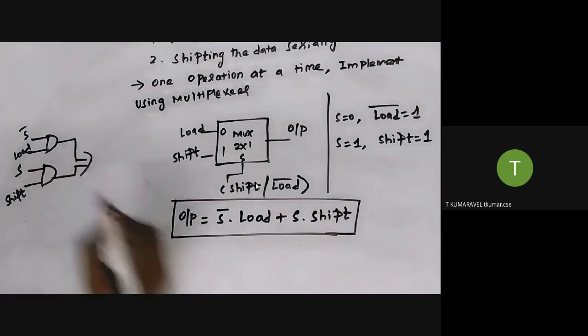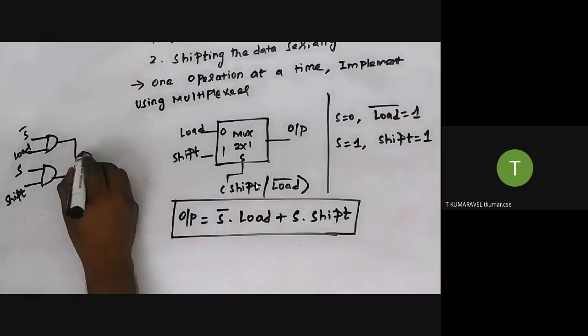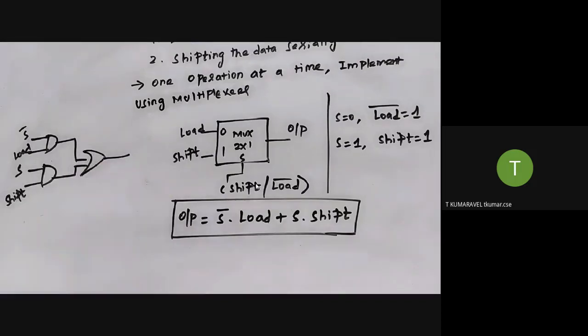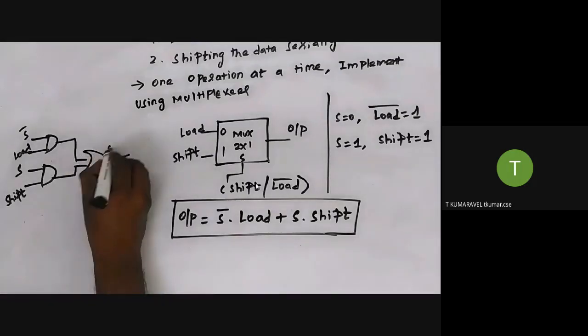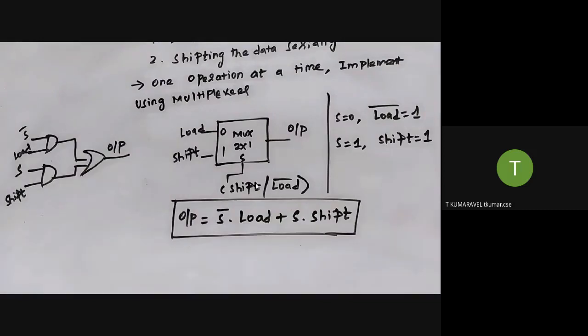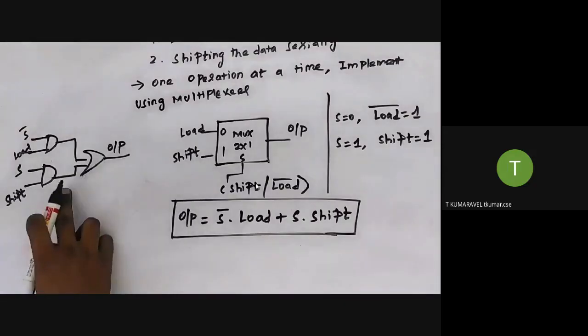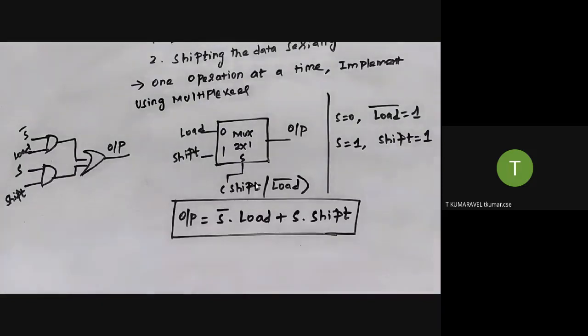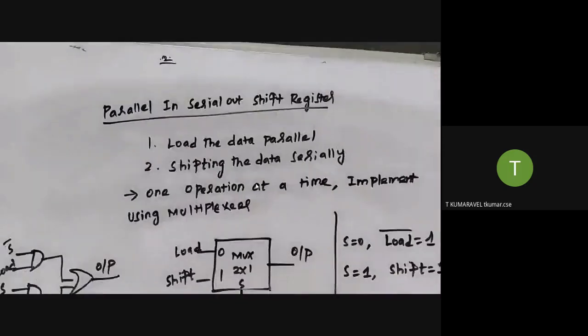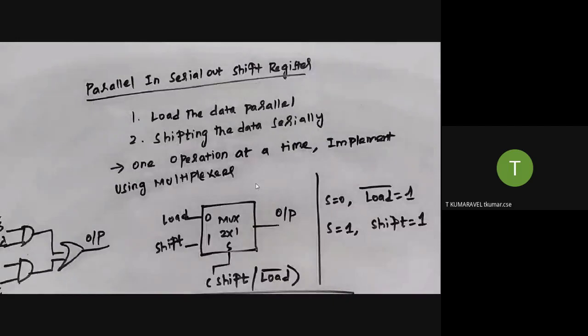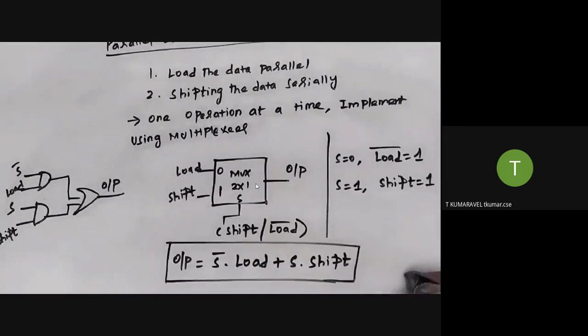Finally, here the plus is there, so we implement it using an OR gate. This is the way we can implement the multiplexer, and this is acting as a multiplexer. Do you have any queries?